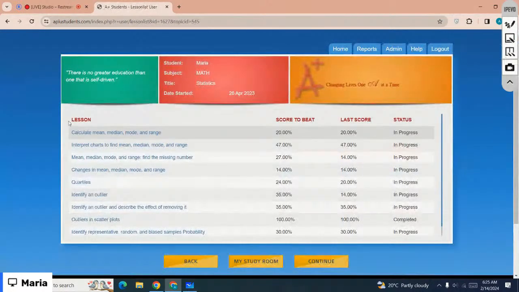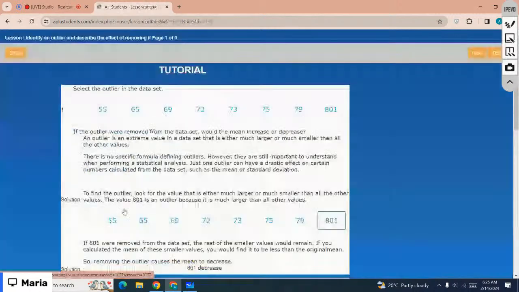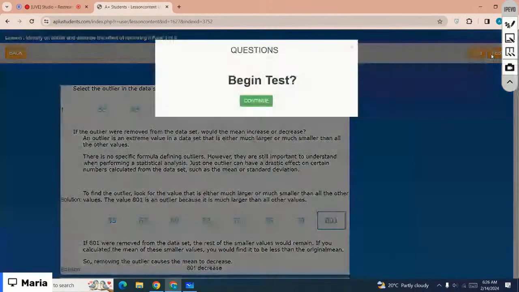The next one is identify an outlier and describe the effect of removing it. Let's start with the test questions.